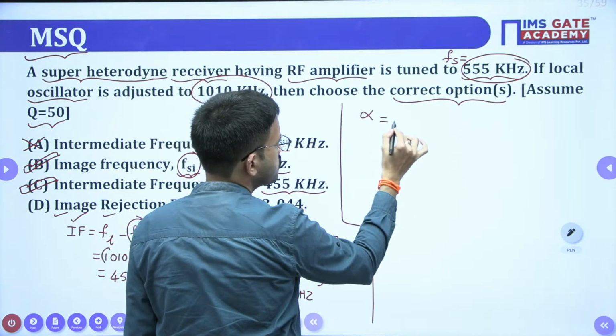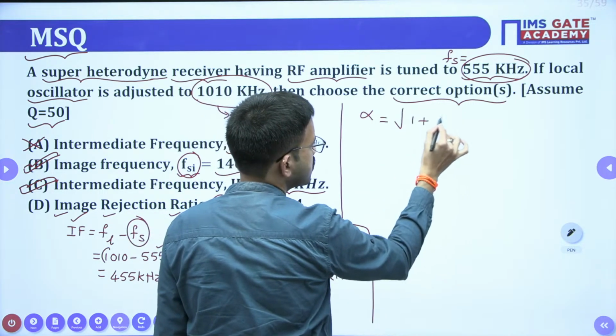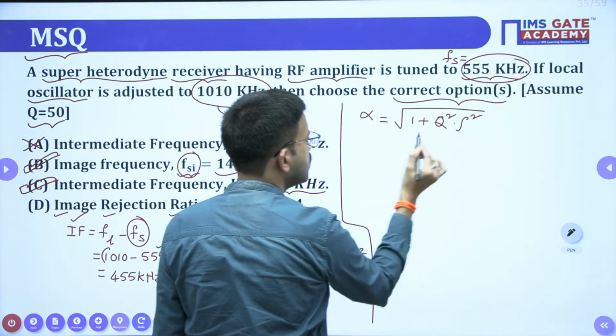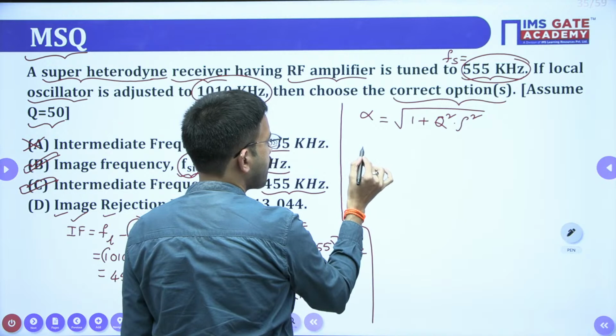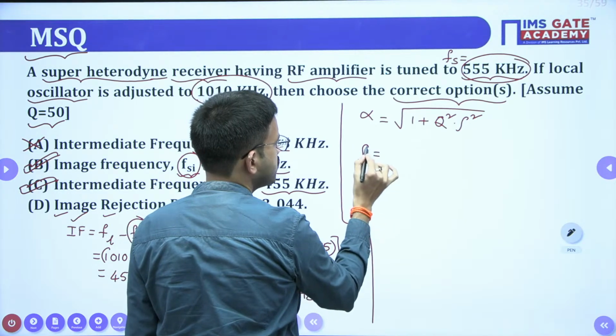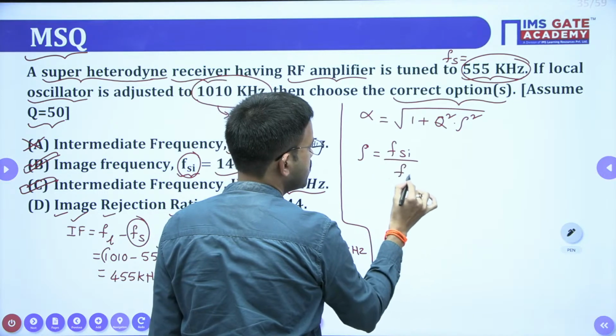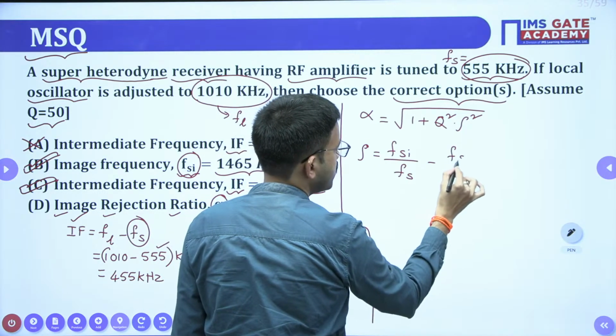Alpha equal to square root of 1 plus Q square into rho square, where rho is nothing but FSI divided by Fs minus Fs divided by FSI.